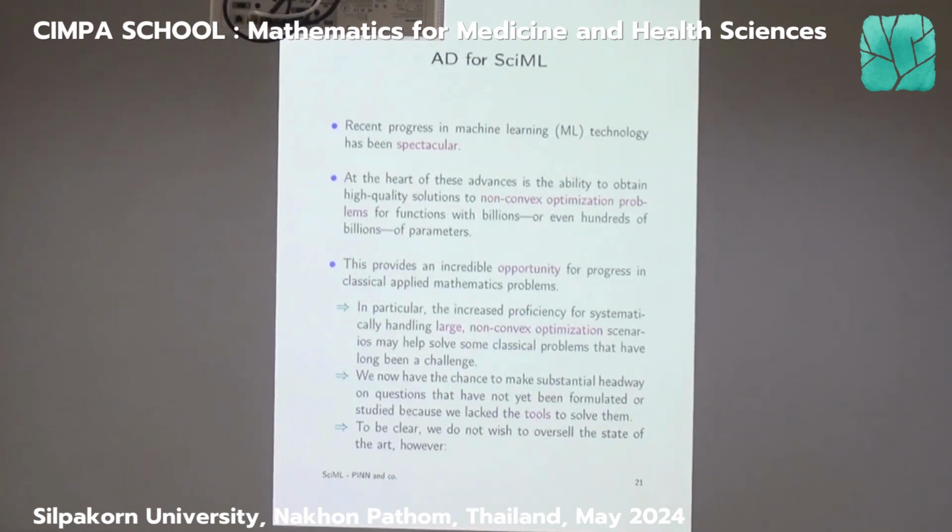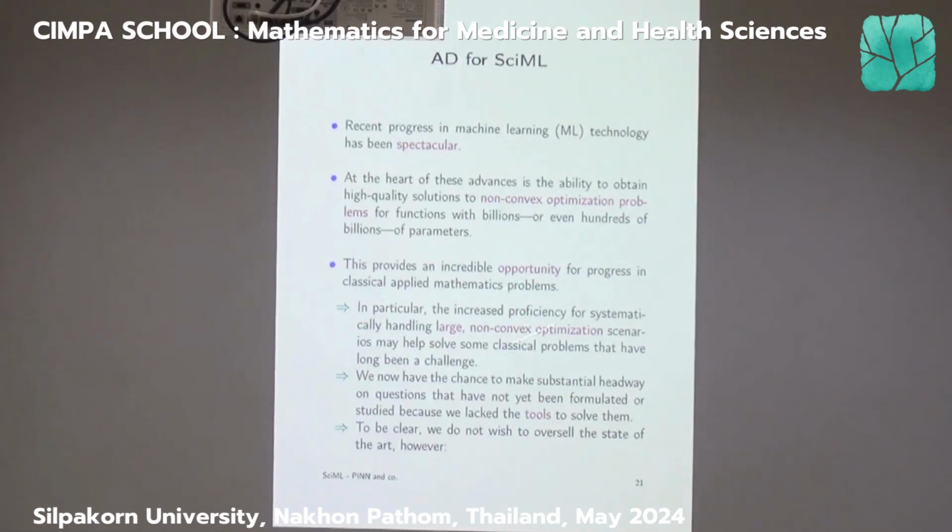So that's the secret behind the success, really mathematically, of Google and all these other people who are developing all these machine learning, OpenAI. They're all optimizing and using optimization. Okay? So the idea is we can use this incredible opportunity to help us to solve an applied mathematical problem.